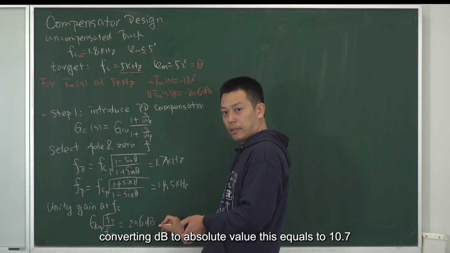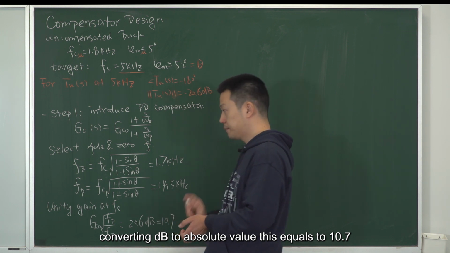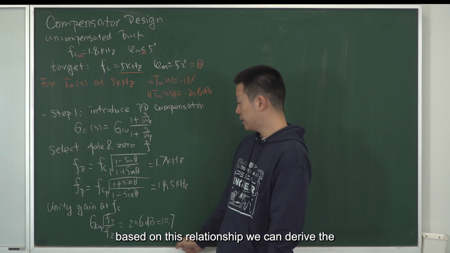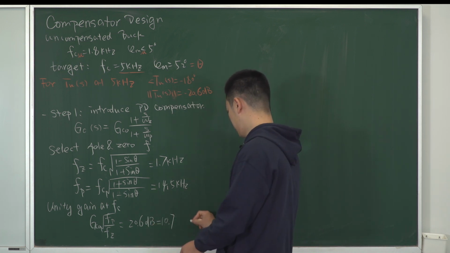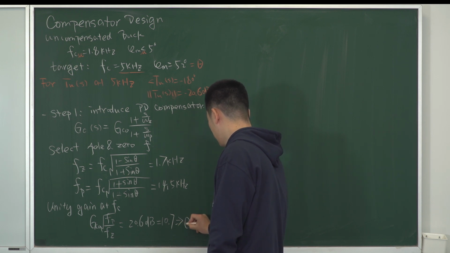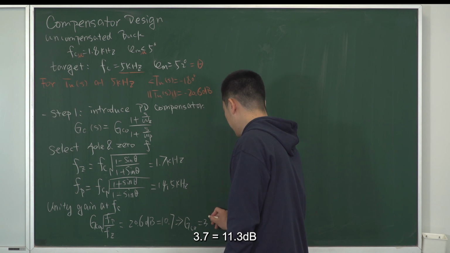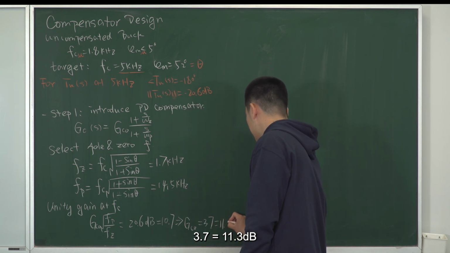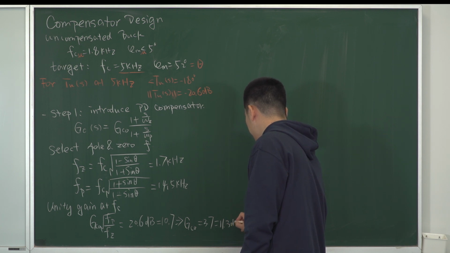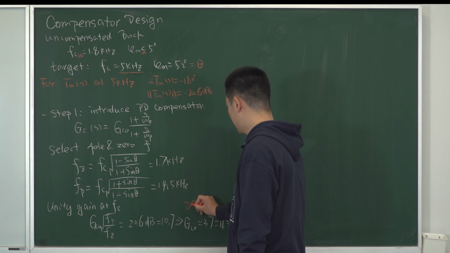Converting dB to an absolute value, this equals 10.7. Based on this relationship, we derive the DC gain GC0 equals 3.7, or 11.3 dB. So the DC gain is solved.